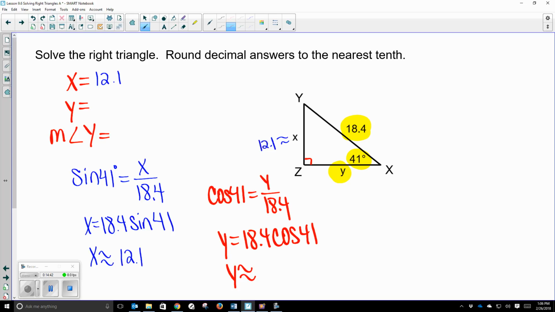And that's 13.9. And then to find angle y, that's 90 minus 41, which is 49.